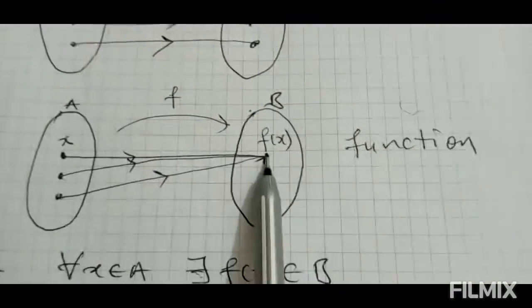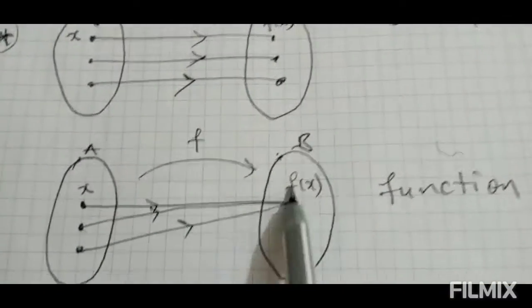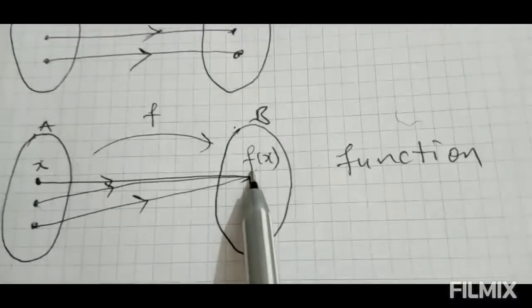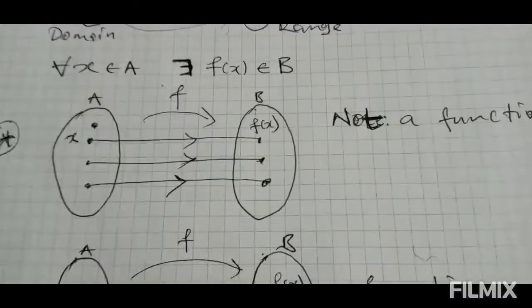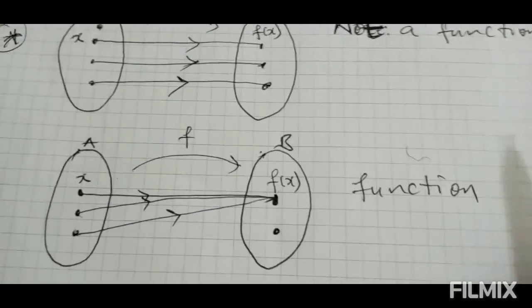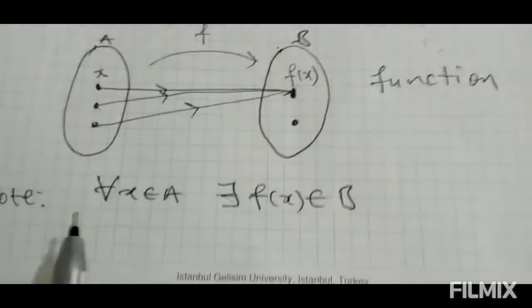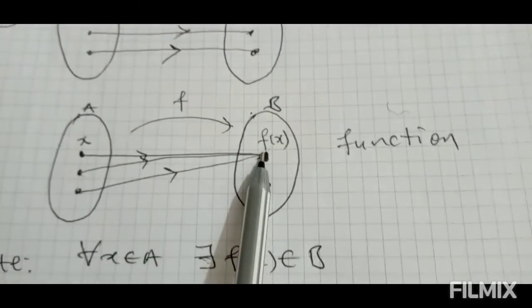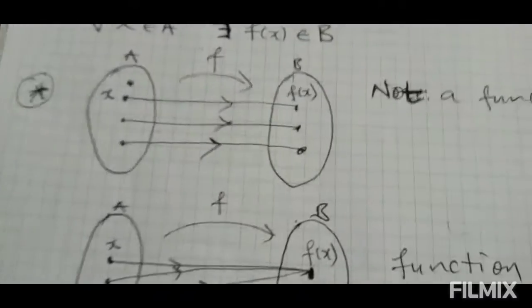So this is a function. This kind of function is called many to one. You have many elements going to one element. That's a different concept. So for every element in A, there exists an element in B. That's the definition of a function.